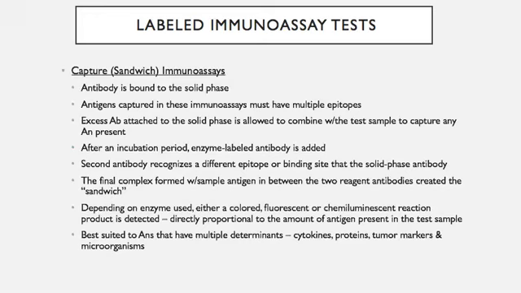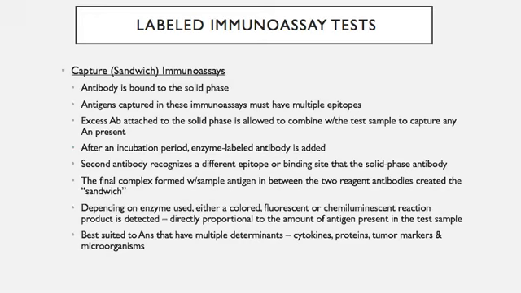Then there's an enzyme labeled antibody that is added. That second antibody recognizes a different epitope or binding site than the solid phase antibody. And then the final complex that's formed with the sample antigen is formed in between the two reagent antibodies. So that's why it's called a sandwich assay, because it kind of creates a sandwich.